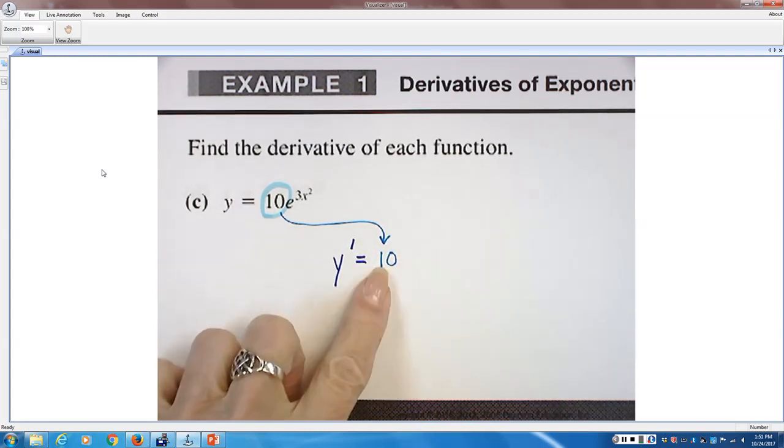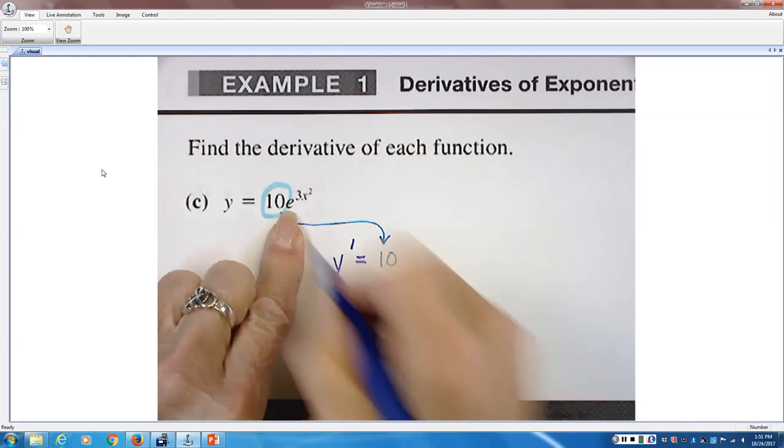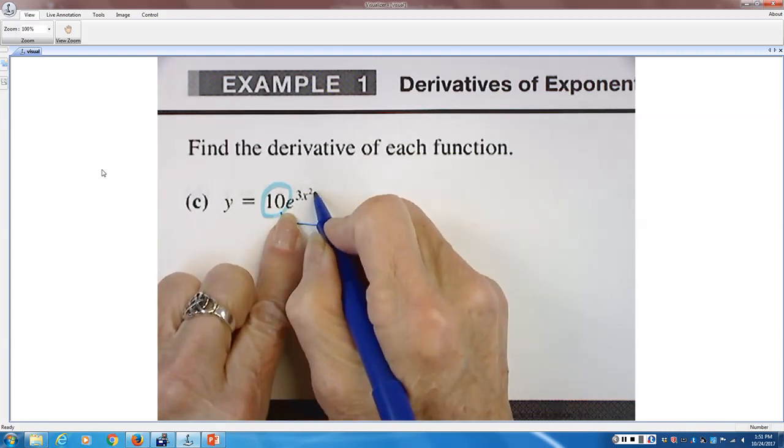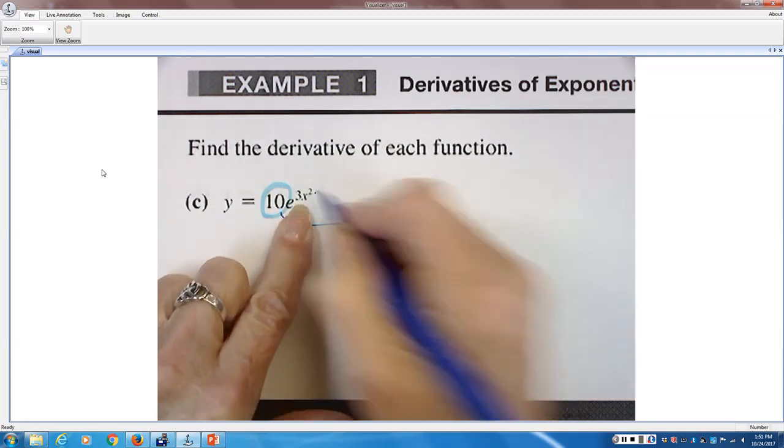is the number 10 times the derivative of e to the 3x squared. So the derivative of e to the 3x squared, the base is e, so the natural log of e is 1. We don't need to write that down. Times e raised to that power.